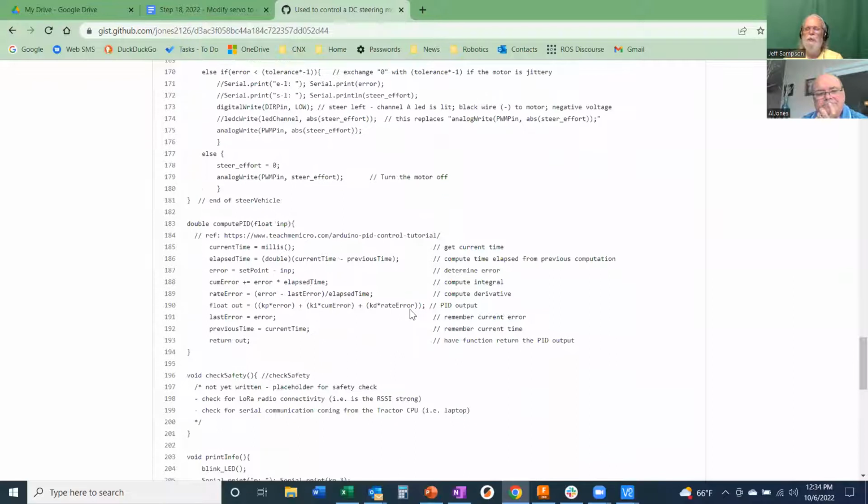It compares the difference between those, which you're setting error equal to, and then you multiply that by gain factors, and then you say, okay, here's the result, and you output that. Here you're returning it as out, and then when you did the function, you're setting it to the variable output, and that's the amount of power you want to send to the motor to make the motor go in whichever direction it has to set the error to zero. So it's going to try to drive the error down to zero.